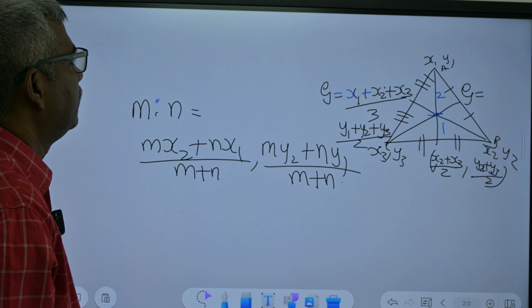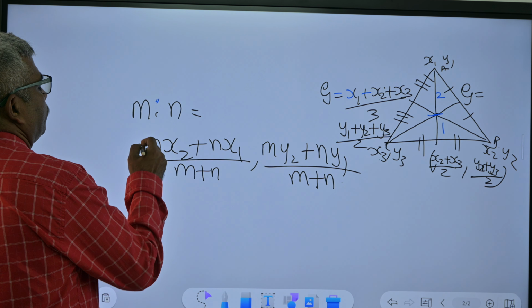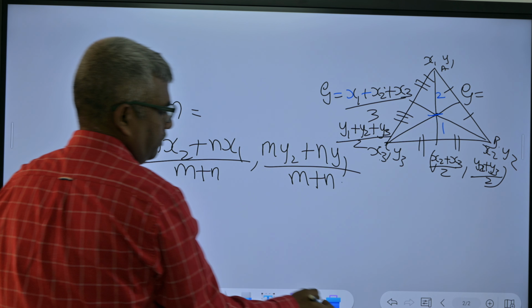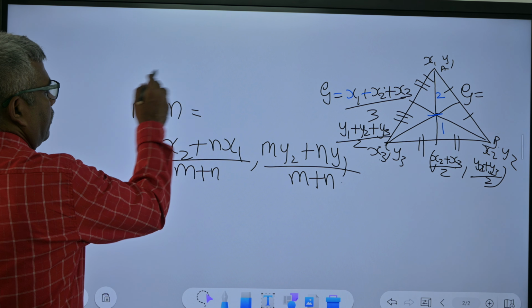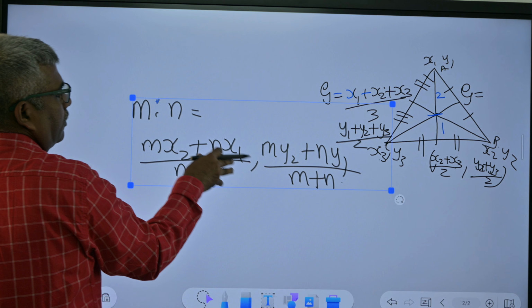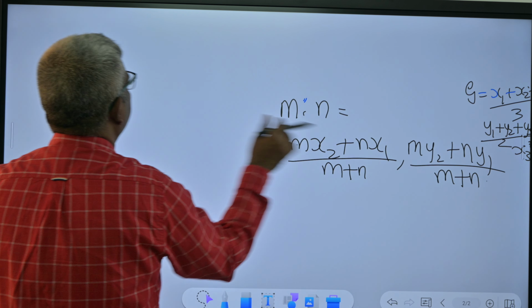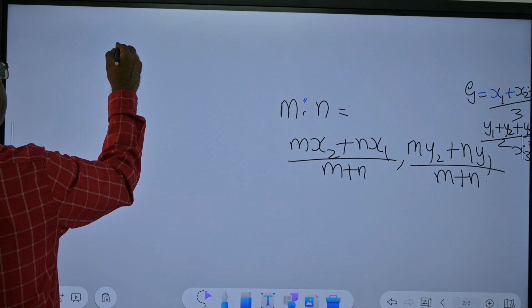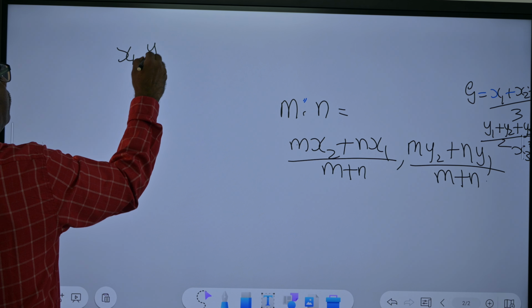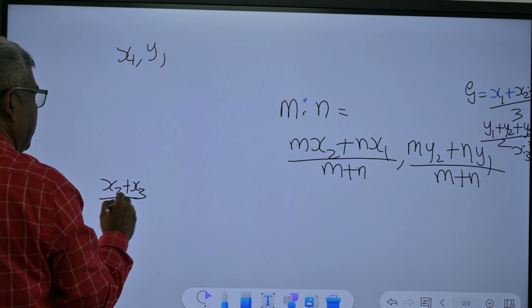Now what is mx2? Here m is 2, in 2:1 ratio. x2 is x2 plus x3 divided by 2.